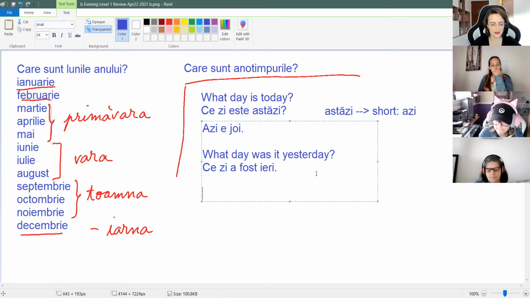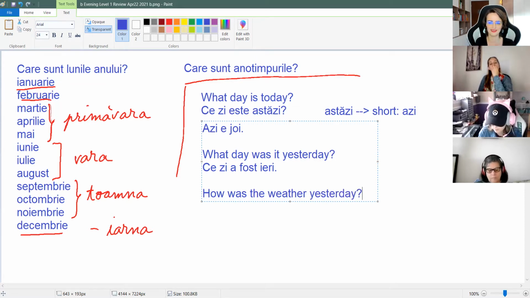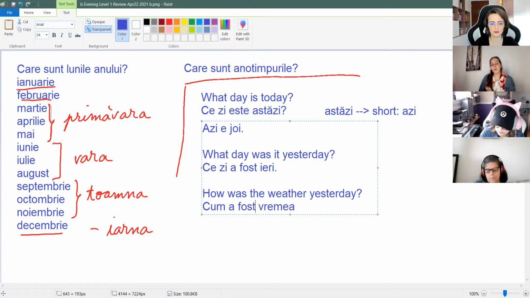How would you ask, how was the weather yesterday? You remember how you say the weather? Vremea. So how would you ask, how was the weather yesterday? It's a past tense. Cum a fost vremea ieri? Don't forget this conjugation of the verb to have.